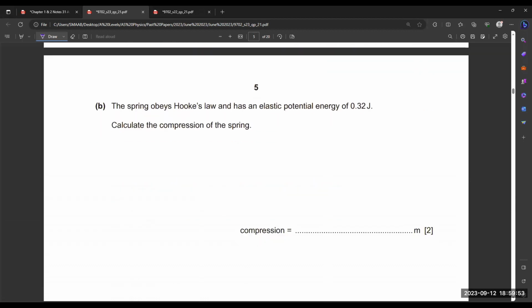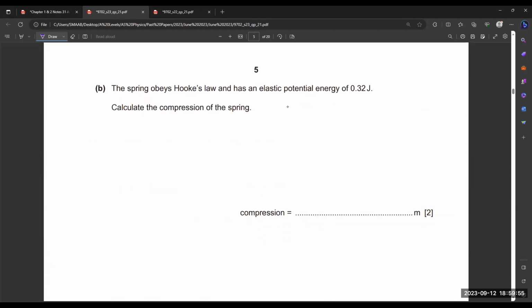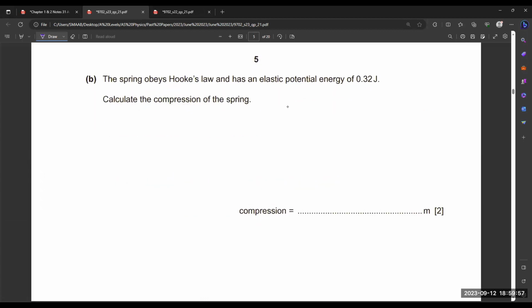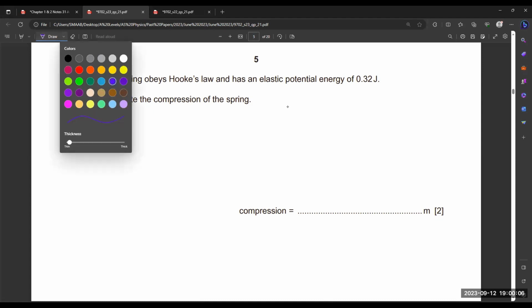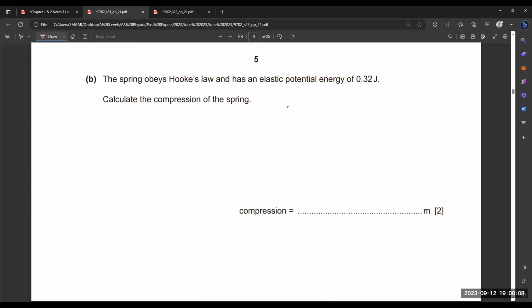And the next part is the spring obeys Hooke's law. So instead of using F equals kx, we're going to do E equals half Fx. So we use the concept of energy, because energy is 0.32, they gave it to us. So 0.32 equals half multiplied by the force, which is 8.2 newtons, right?